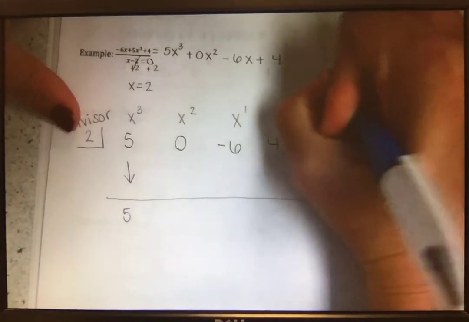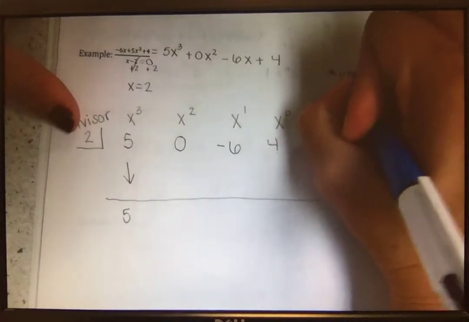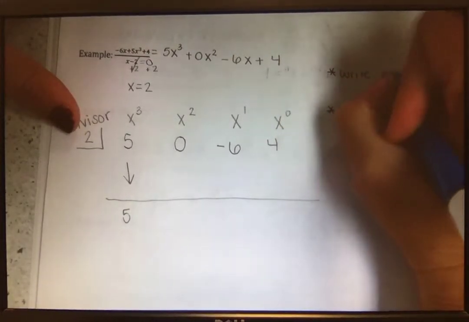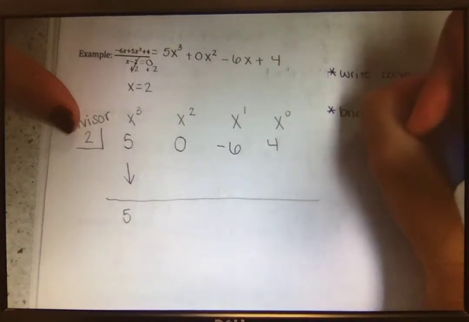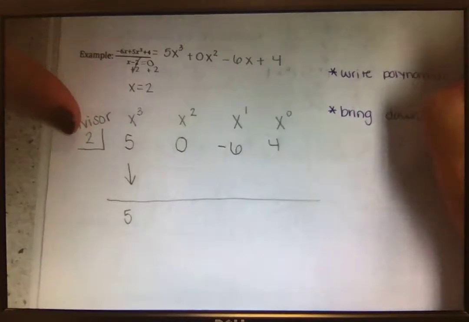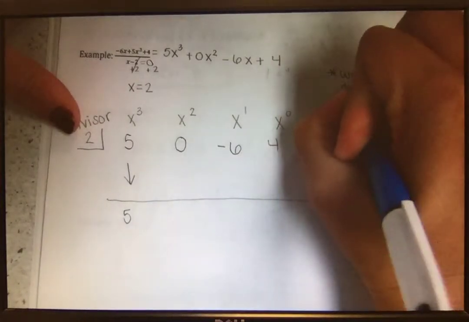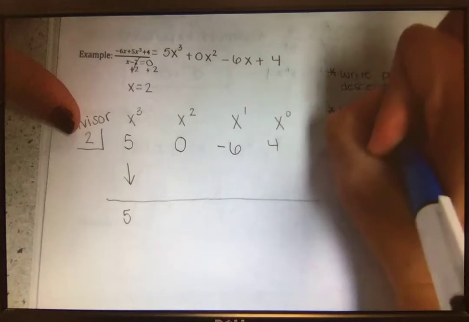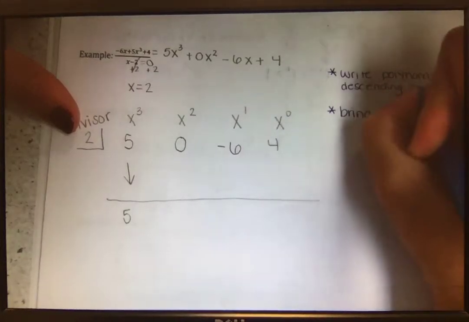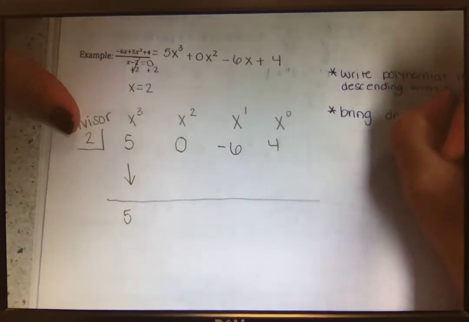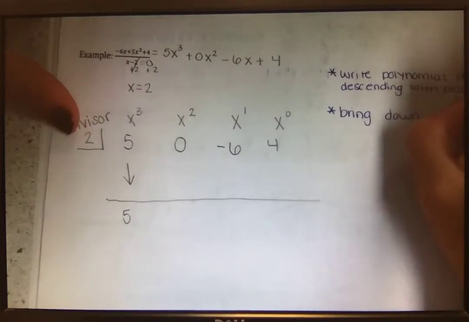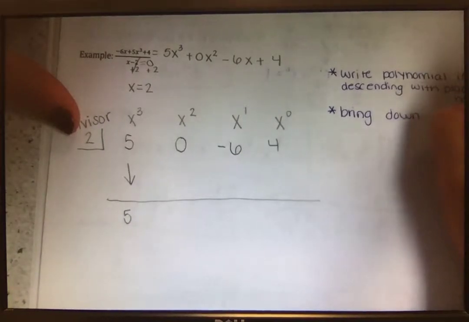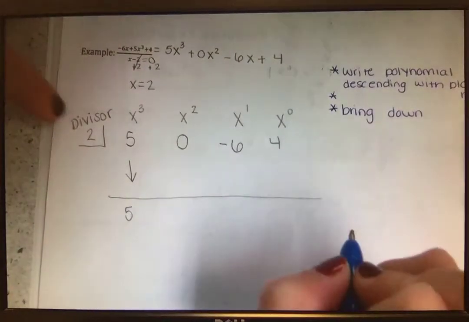So let's start off, we need to write the polynomial in descending order, with any placeholders. And then we need to find our divisor.